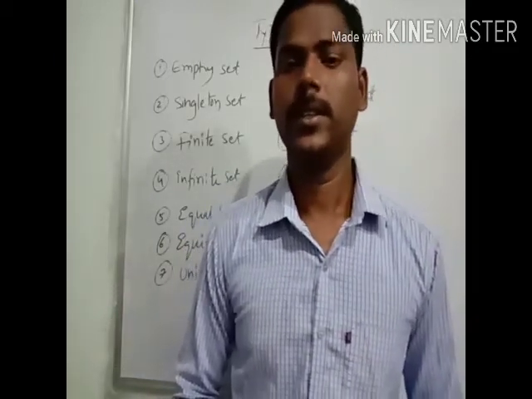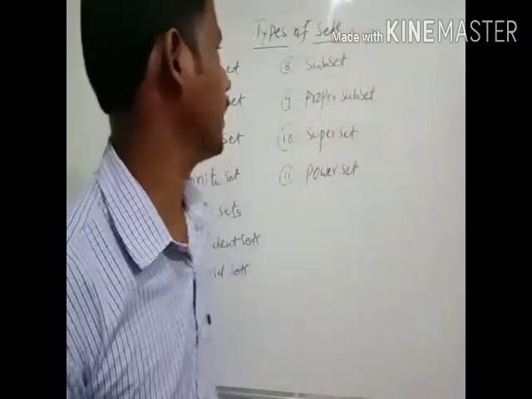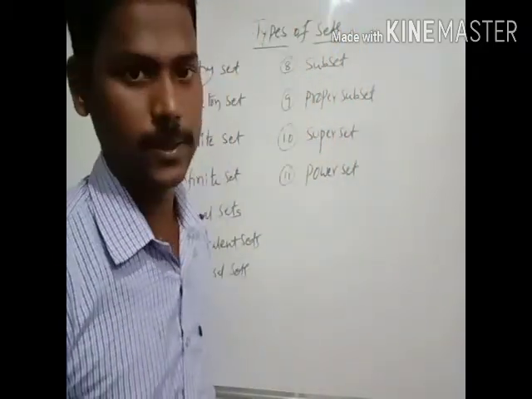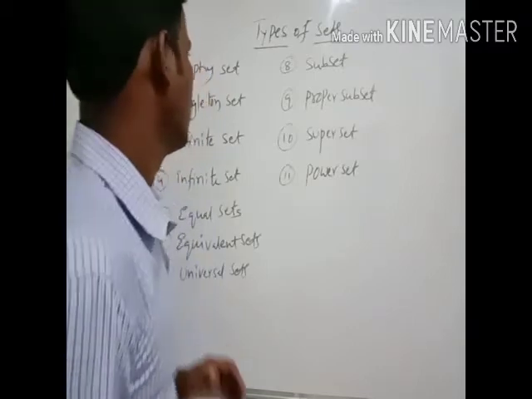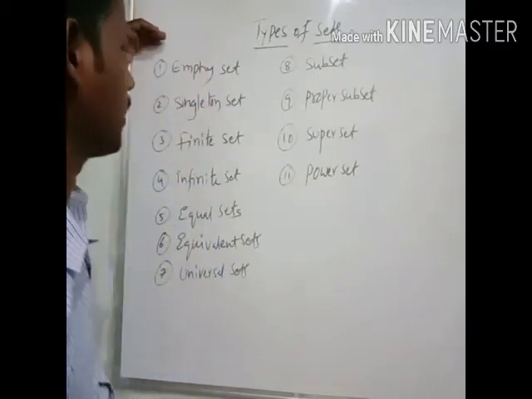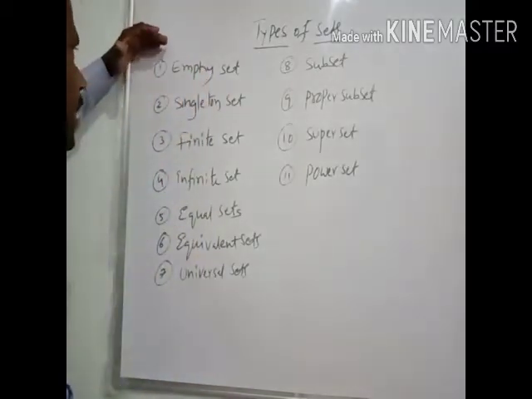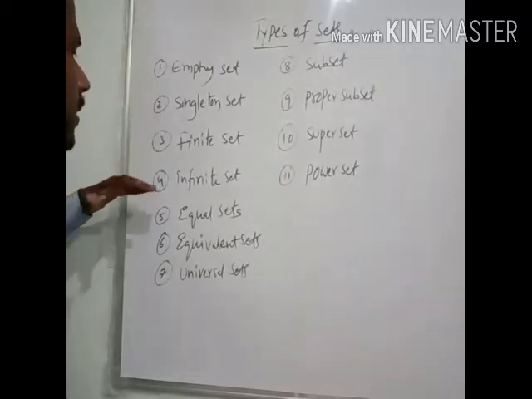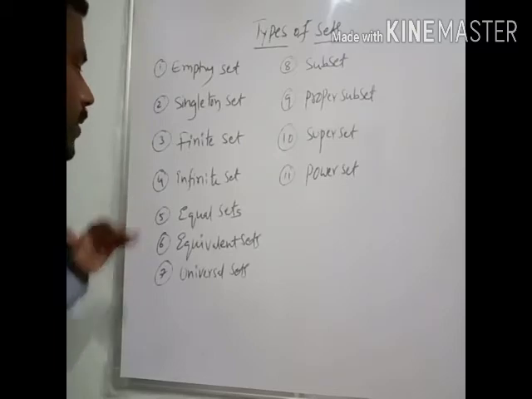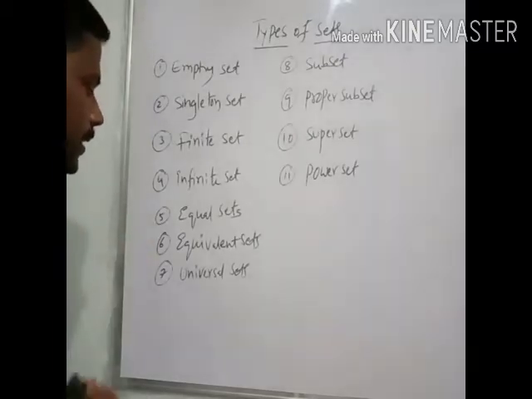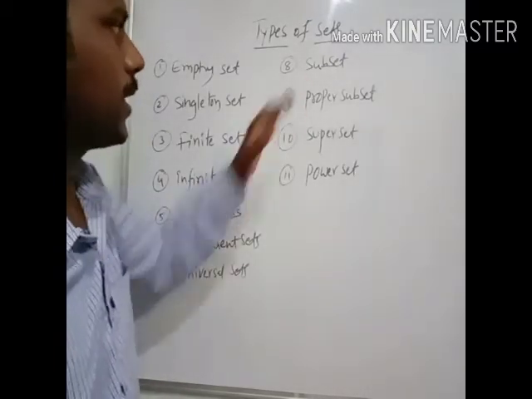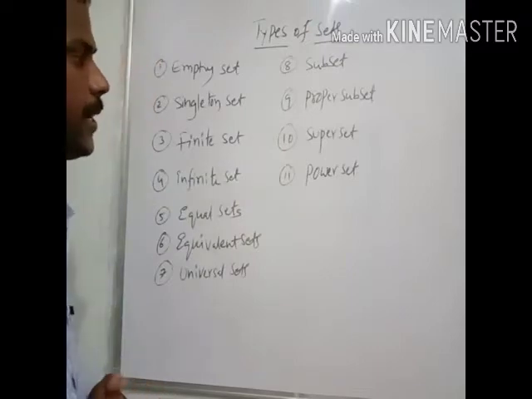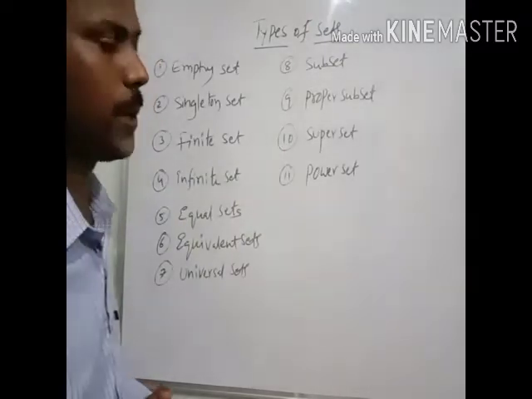Okay, children. Now today I am going to explain types of sets. We have some types of sets here. Look at the board carefully. Empty set, singleton set, finite set, infinite set, equal sets, equivalent sets, universal sets, subsets, proper subset, superset, power set.